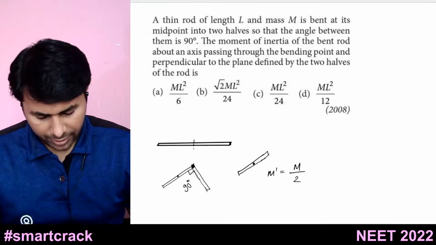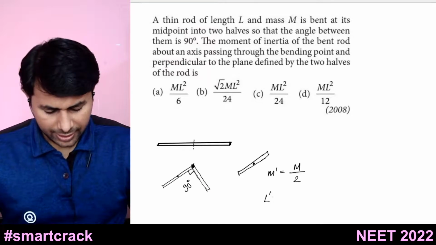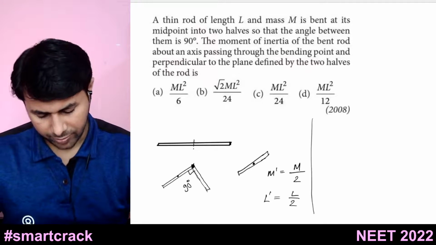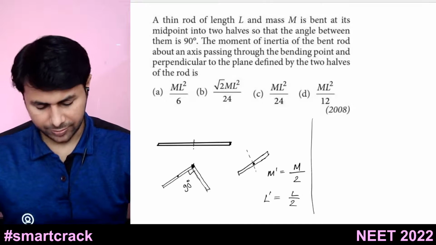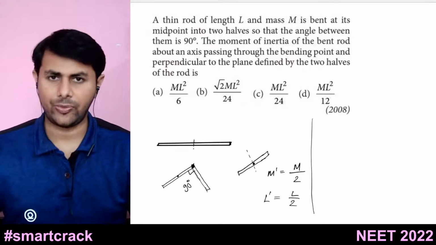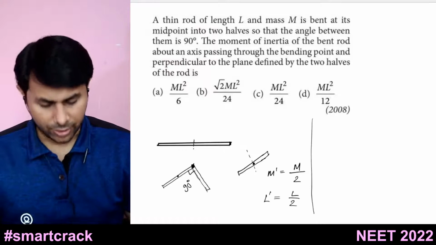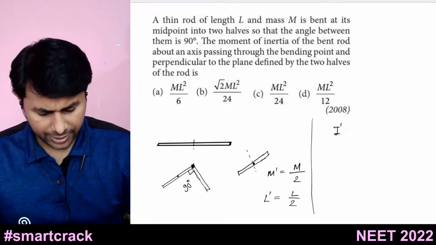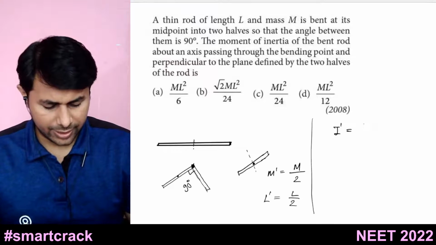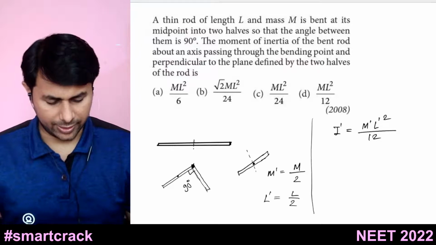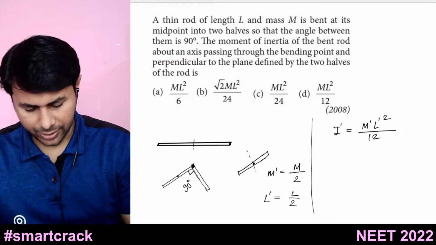And what about length? L dash is also L by 2. Then we know the moment of inertia about this midpoint. The moment of inertia of one of those two rods, let's call it I dash, will be m dash L dash square upon 12. This is the formula, we need to remember.